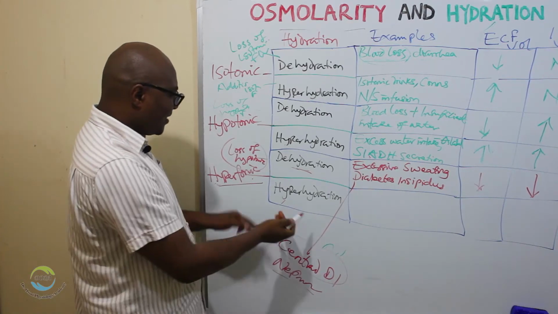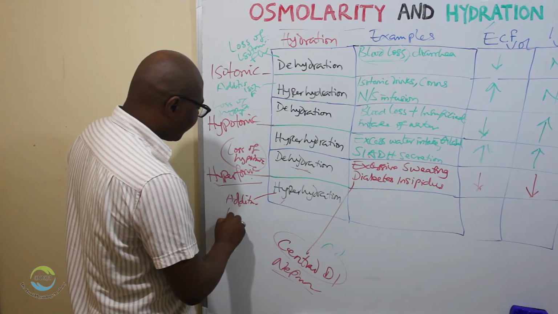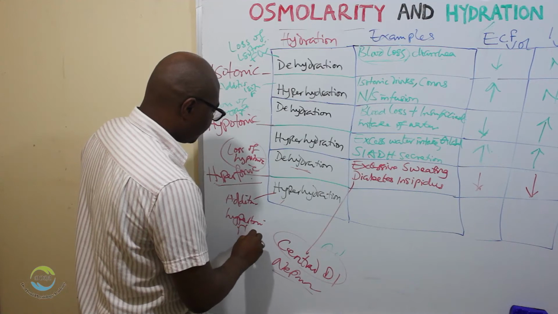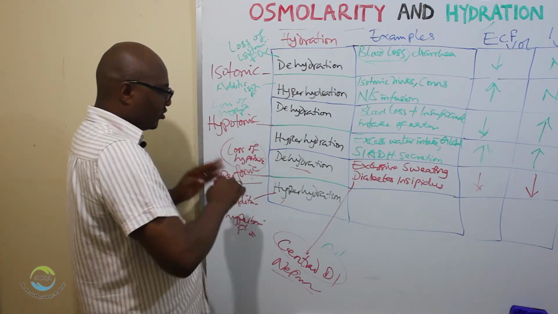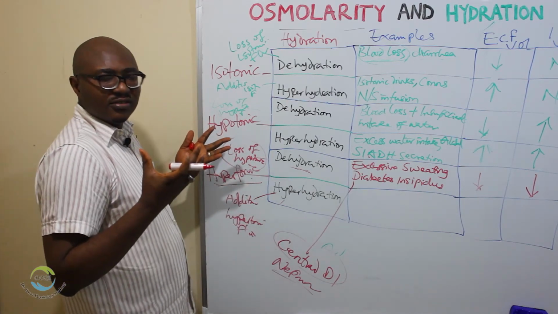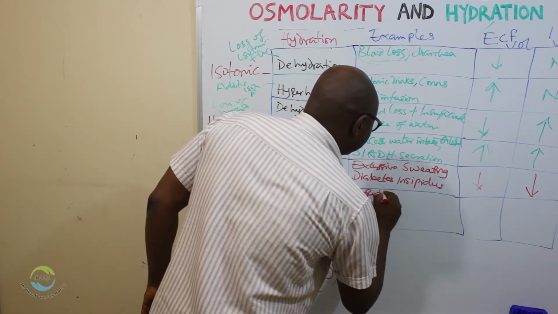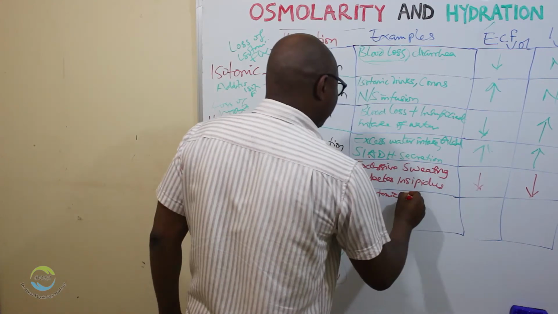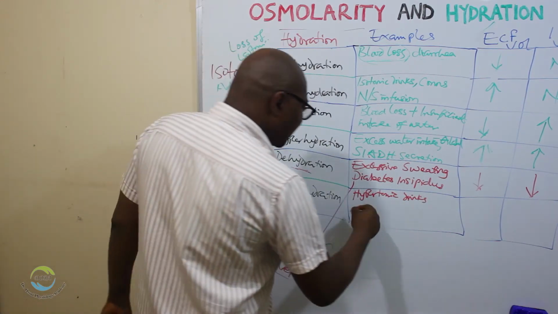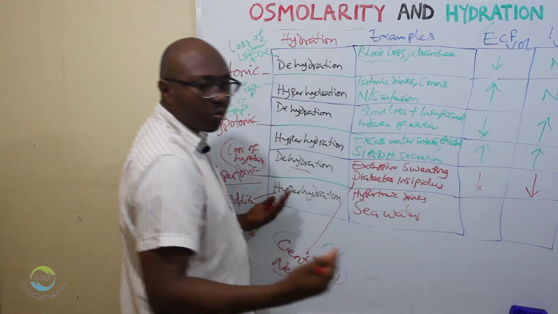hyperhydration. It means that there's addition of hypertonic fluid. That's what will cause hypertonic hyperhydration. Okay? So what that means, you are taking hypertonic drinks that are very concentrated, intake of hypertonic drinks, and also intake of seawater, very salty water.